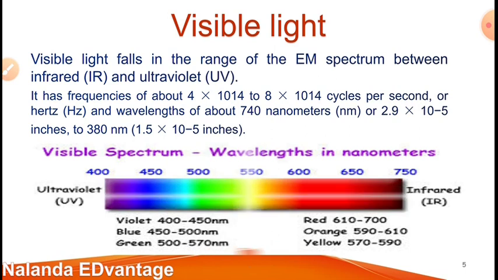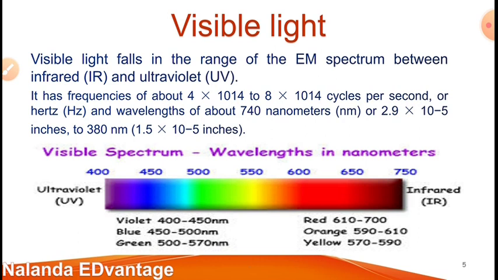Now let us see the visible light. As I told you, it falls in the range of the EM spectrum between the infrared and the ultraviolet rays, and the range occurs between 400 to nearly 700 nanometers. When the light is dispersed through a prism or any other refracting or dispersing medium, it splits into 7 components of light.